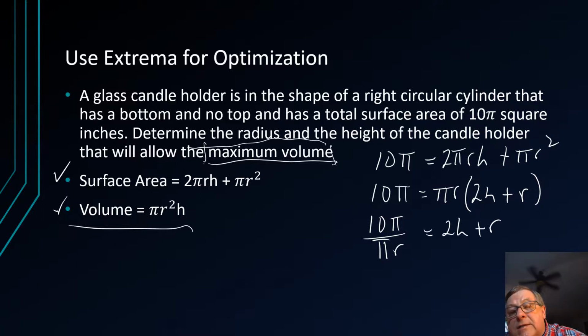My pi's can cancel, so I'm left with 10 over r equals 2h plus r. And let's subtract r from both sides. So now we've got 10 over r minus r equals 2h.